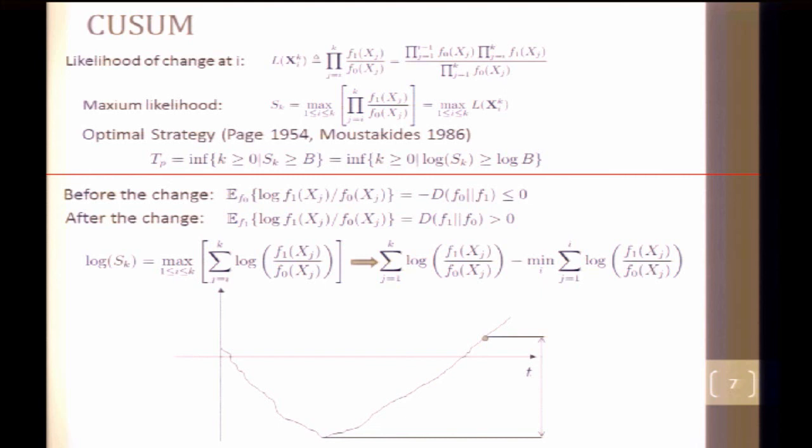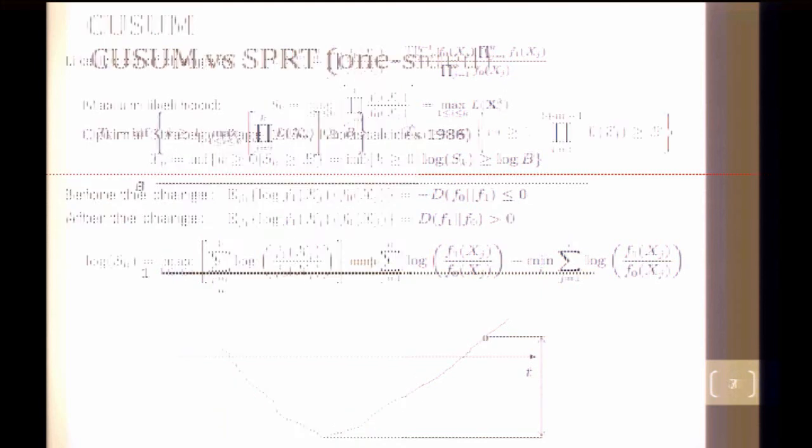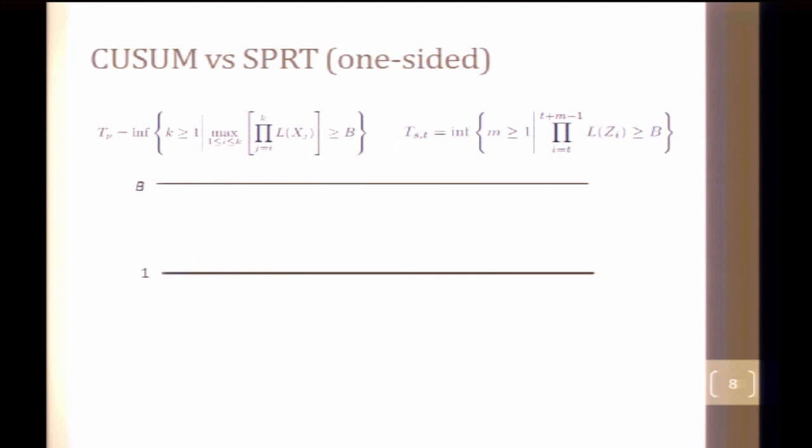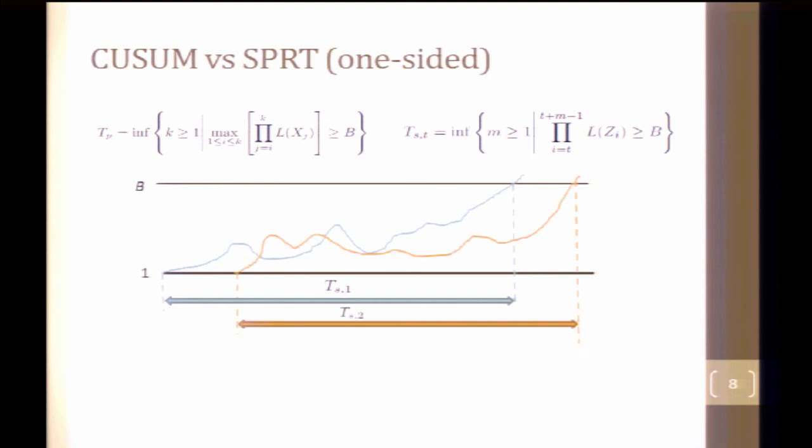This Q-sum is also related to SPRT. I'm sure if you take estimation and detection, you know this as SPRT. At each time we start a new SPRT: we start an SPRT at time 1, then another at time 2, another at time 3.